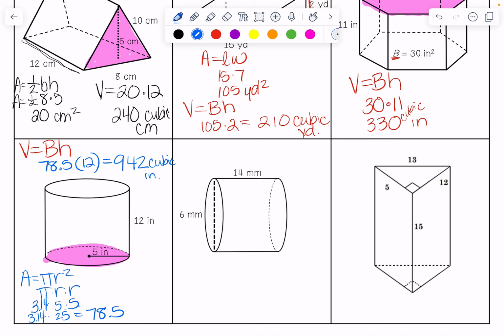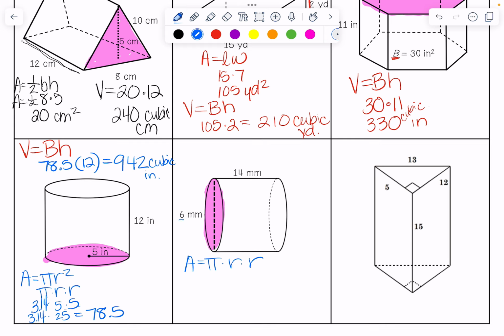On our next cylinder, again, the shape of the base of the cylinder is a circle. So even though it's not the bottom part of that cylinder, the base is still a circular shape. I'm going to need to figure out the area of one of those circles first. My area of this circle is pi times radius times radius.